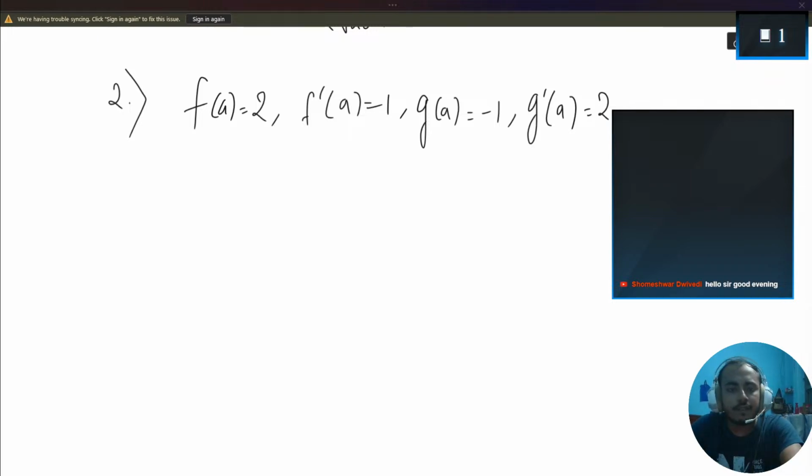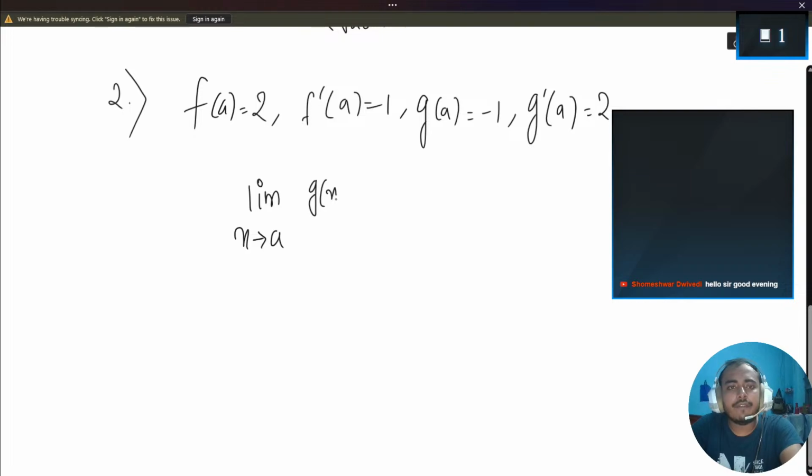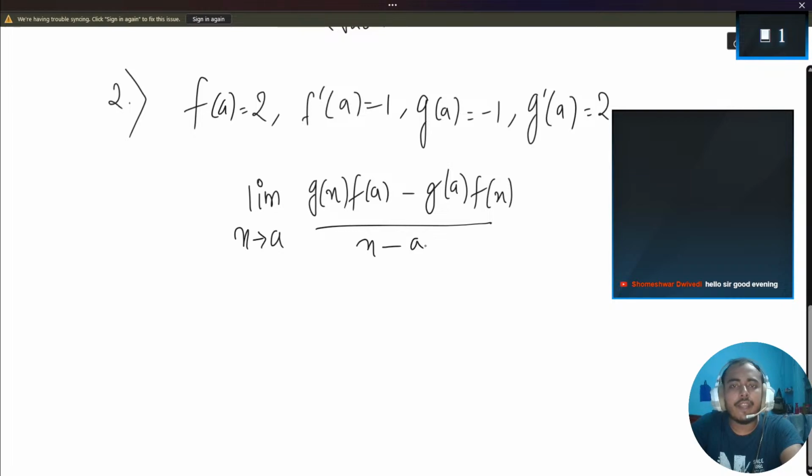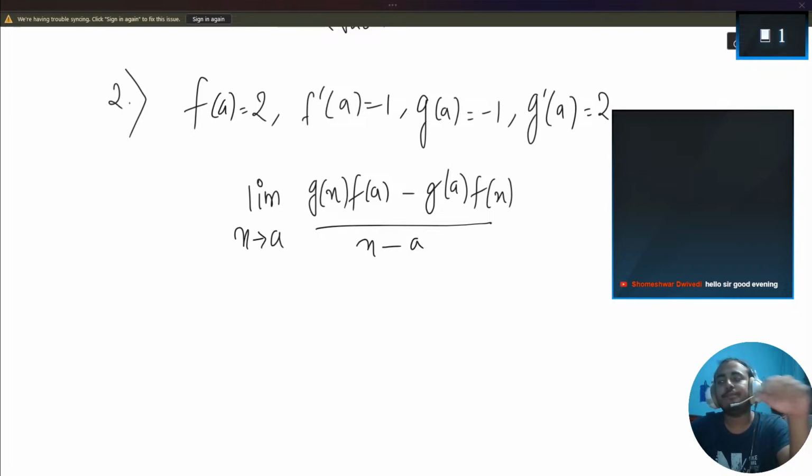If you have all these values given, then we need to find the following limit: limit x tends to a of g of a into f of x minus f of a into g of x, divided by x minus a. This is a very common question actually. You will even find it in your boards. There's a high chance this question comes in the boards. Try not to use L'Hopital's rule and then do it.